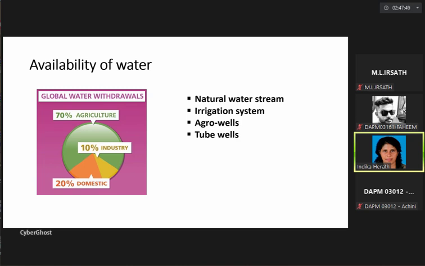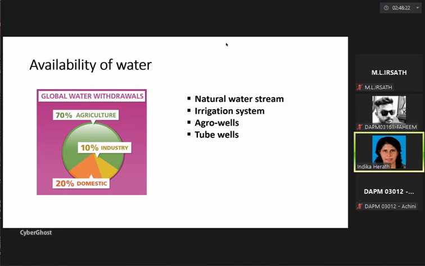However, it doesn't mean that the other industries are not important. The other two sectors, domestic and industry, are also important, and extraction of water is happening there too. But agriculture is considered to be the largest consumer of fresh water, right? So you can see 70% of water is extracted for agriculture.